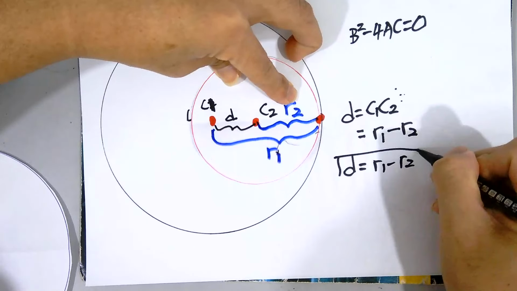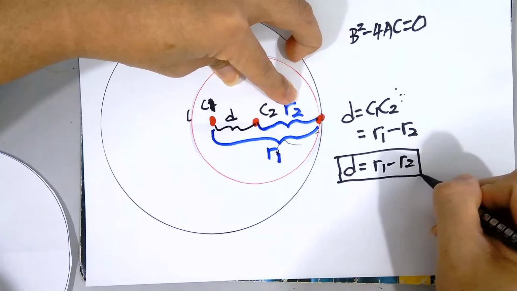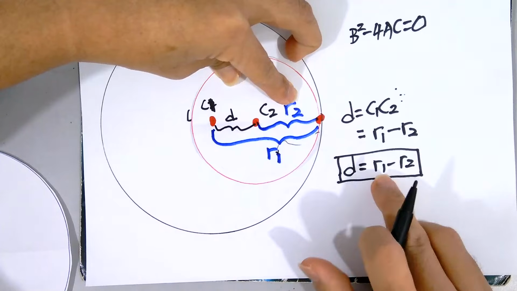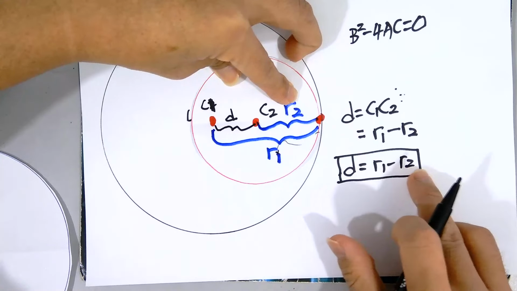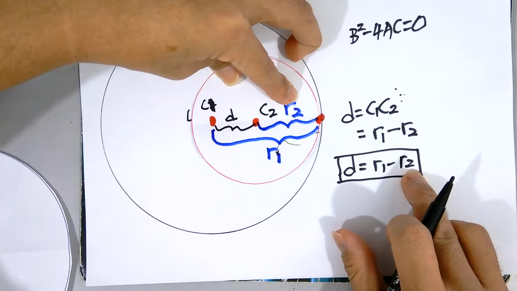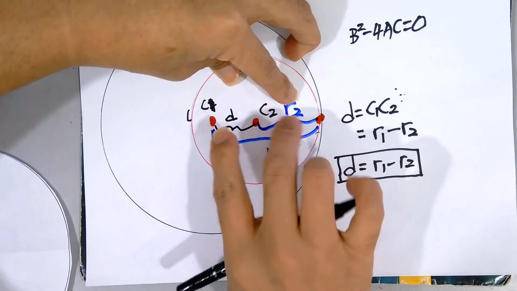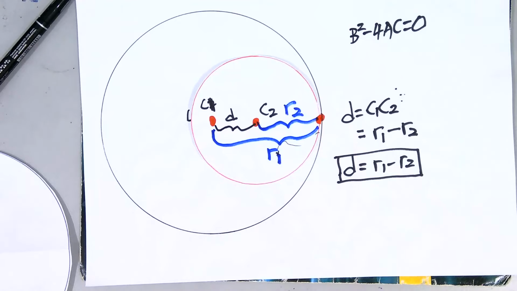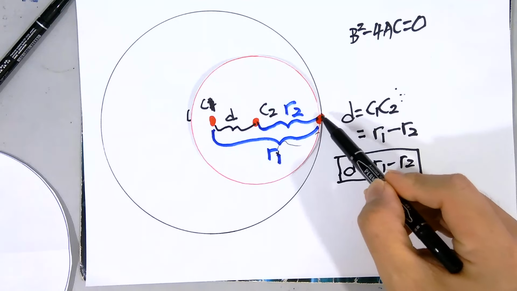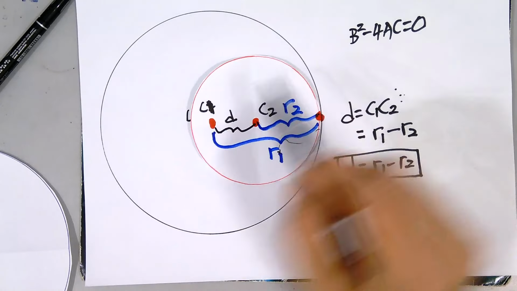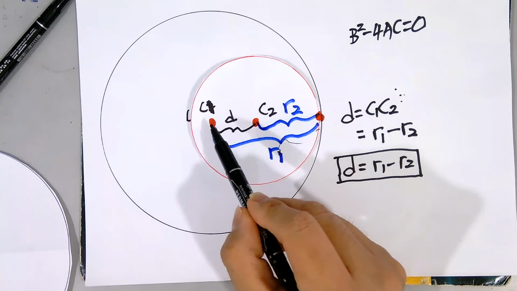If you're able to prove that the distance between the two centers is the same as the radius of the first circle minus the radius of the second circle, or the biggest radius minus the smaller radius, then you have already shown that the circles touch internally. They touch at this point, and the big circle has a center.